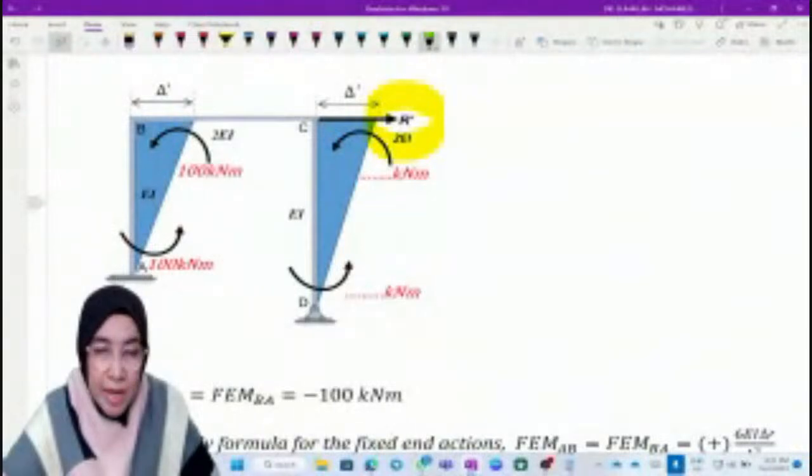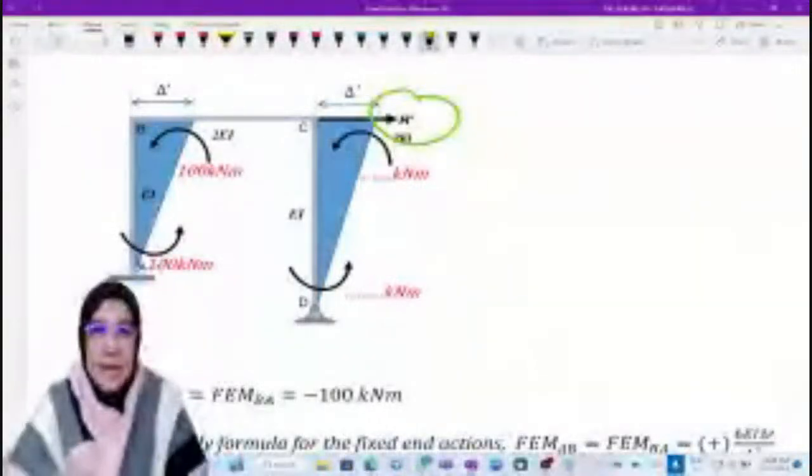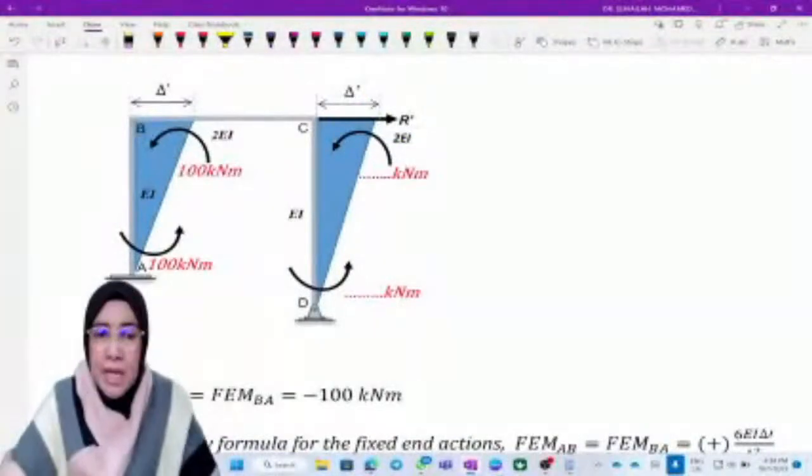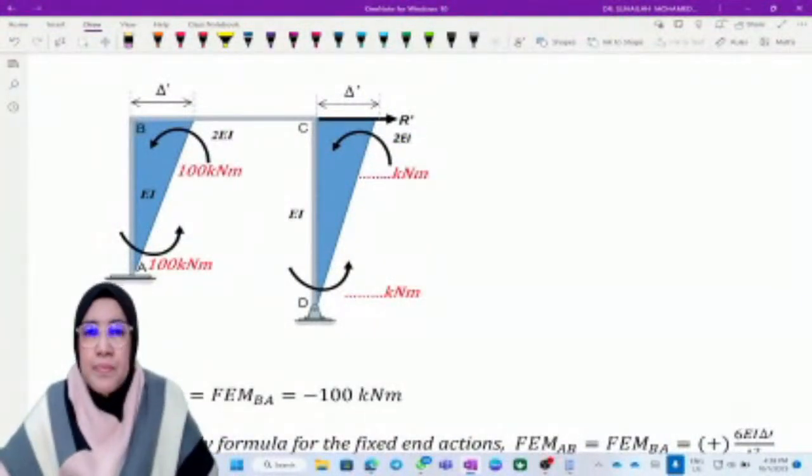We analyze in the right direction because, from the beginning, the sidesway is going to the right direction.